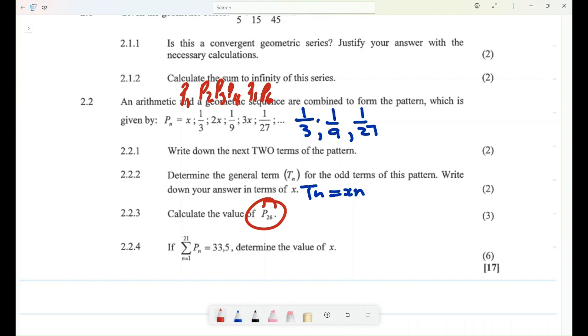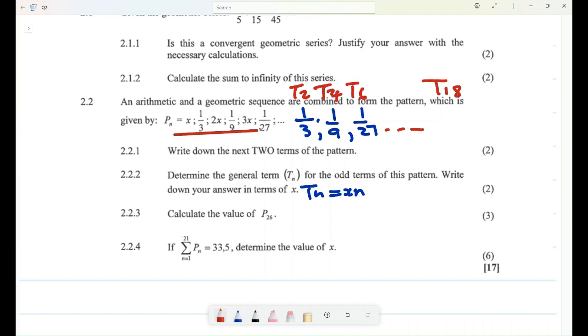But now, if we look only on this pattern, P26 on this pattern will be term number 18, because this is term number 2, term number 4, term number 6 from the original. Now when we do it singly, it is term number 2, term number 4, term number 6.